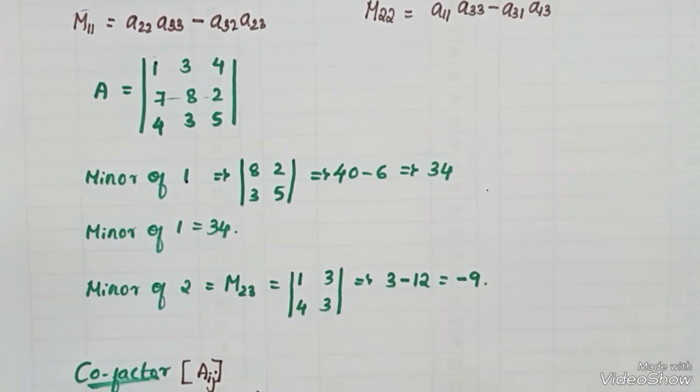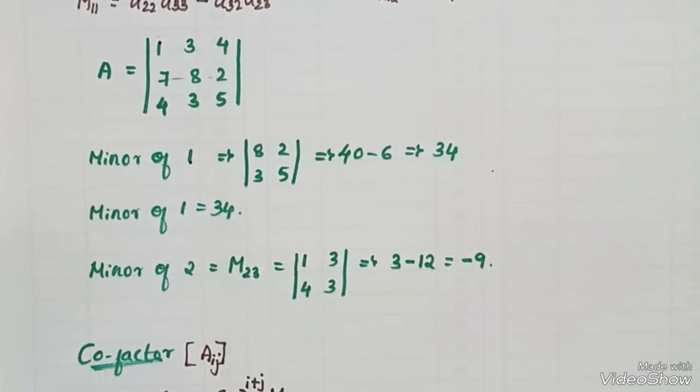Minus 1 to the power 2 becomes plus 1. The minor of the first element 1 is 34, therefore the answer is 34. Hence the cofactor of 1 is 34.